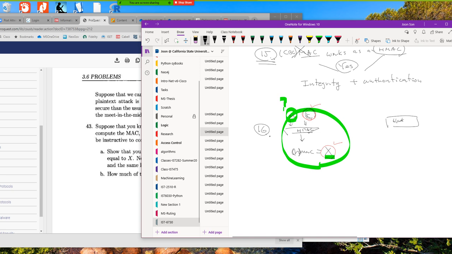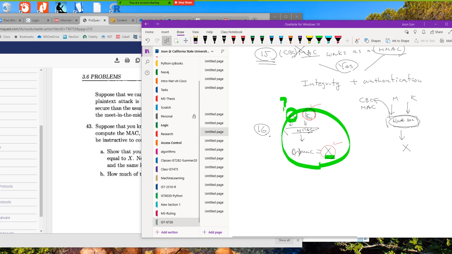The black box takes the message M and K and generates the X. The same thing for CBC MAC, where the black box uses the CBC symmetric encryption algorithm.